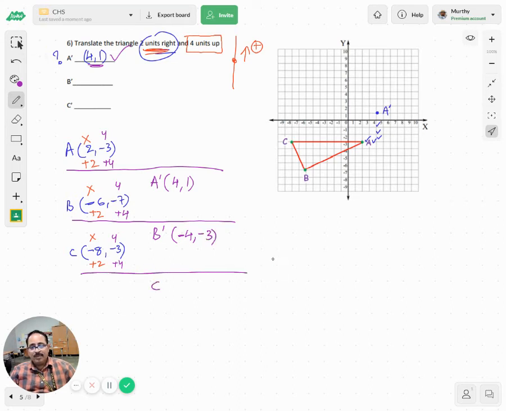Now C prime is -8 +2, that gives me -6, -3 +4, that gives me 1. So these are the coordinates of A prime, B prime, and C prime. Okay, let's go to the next question.